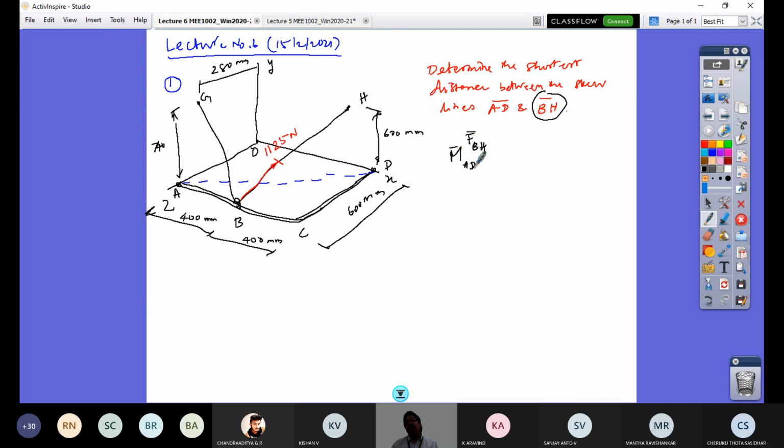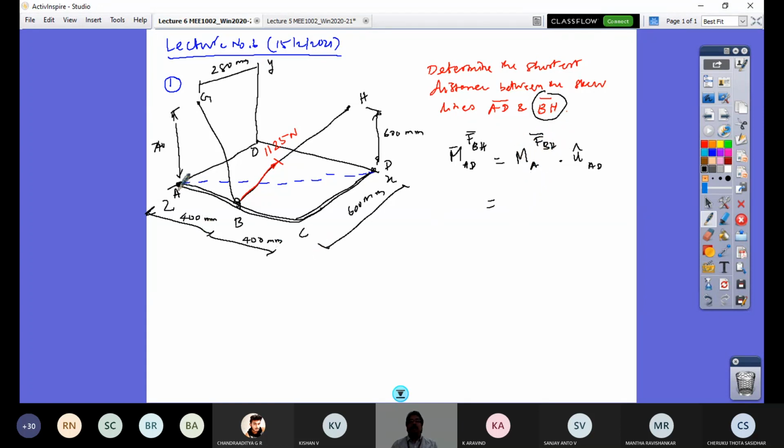So the statement by these letters is going to be equal to the moment of the force FBH about one of the points, either A or D. So let me take A, dot the unit vector of the axis, unit vector UAD. So this is going to be what? It's a cross product.